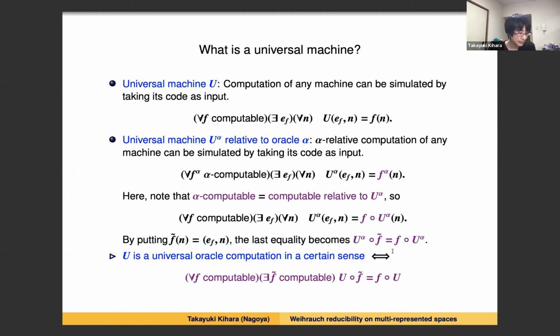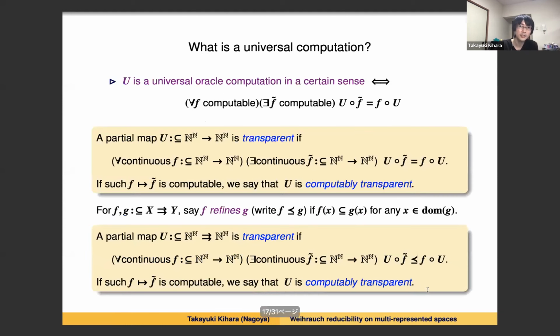Let's declare this formula to be a property of the abstract alpha-relative universal machine. So for any computable F, there exists a computable F tilde such that U composed with F tilde is equal to F composed with U. This is a property of the abstract universal oracle computation.